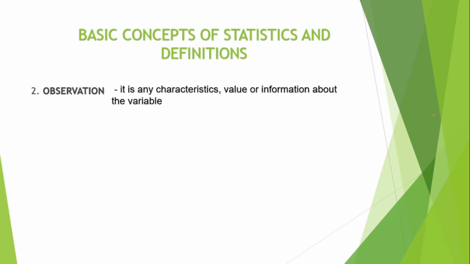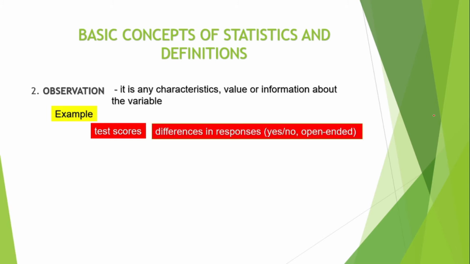Number 2, observation. It is any characteristic, value, or information about the variable. Example, the test scores, the differences in responses, the yes or no question, or the open-ended questions.